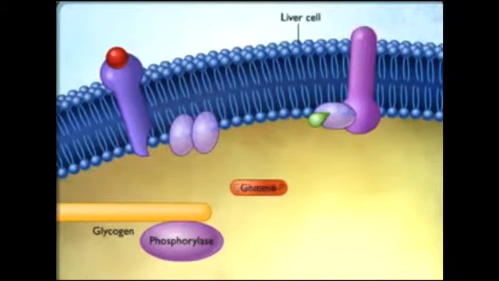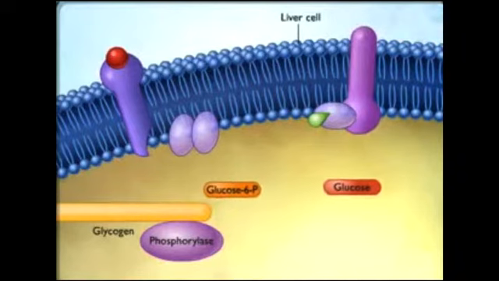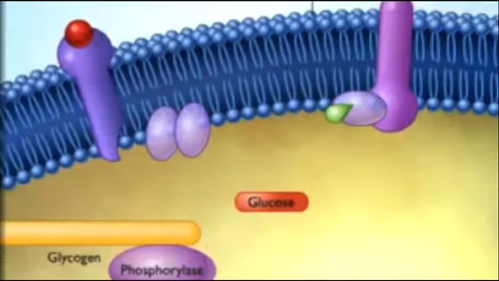The glucose 6-phosphate is then converted into glucose. Through this multi-step mechanism, epinephrine causes the liver to secrete glucose into the blood during the fight or flight reaction.